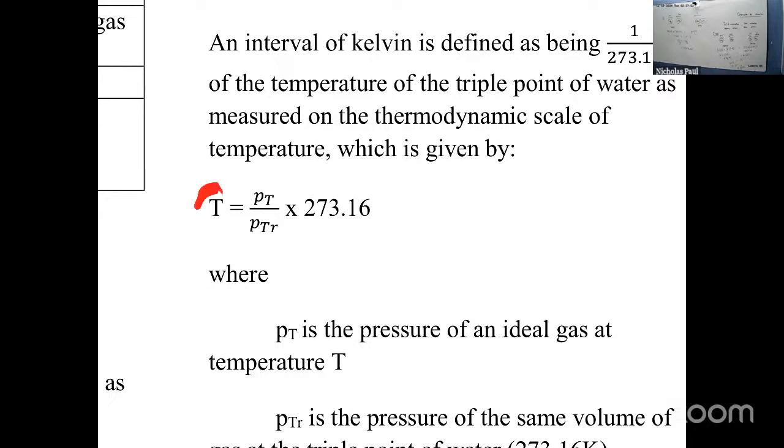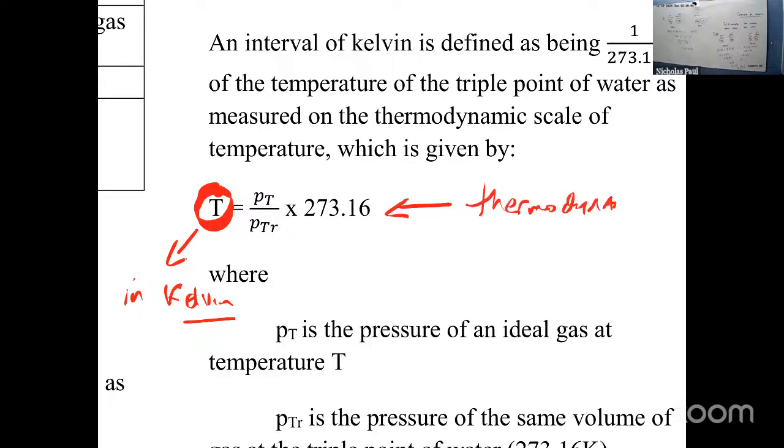If you want to get temperature in Kelvin, we need to use something called the thermodynamic scale. The thermodynamic scale is pressure at unknown temperature divided by pressure at triple point, multiplied by 273.16. How do we get those values?